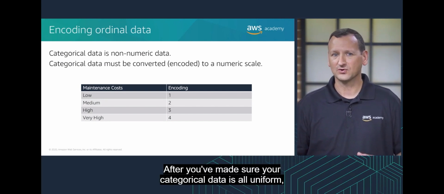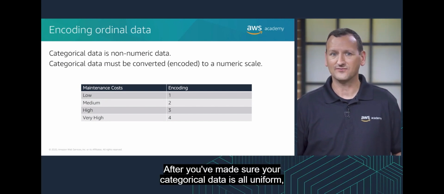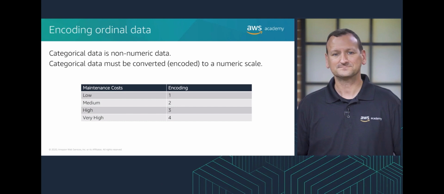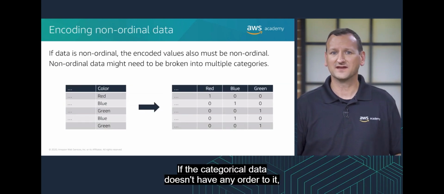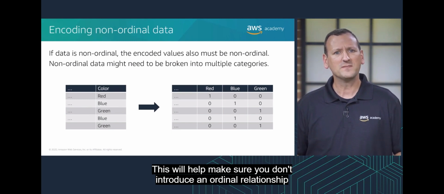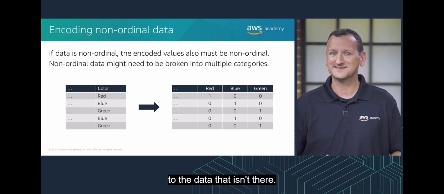After you've made sure your categorical data is all uniform, you can use tools like scikit-learn and pandas to encode your data. If the categorical data doesn't have any order to it, then you'll need to break the data into multiple columns. This will help make sure you don't introduce an ordinal relationship to the data that isn't there.